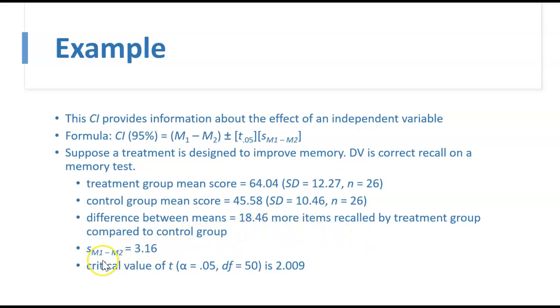You also need, though, to calculate the standard error of the difference, the mean differences, and you can do so by running the formula. The critical value that you're going to use is based on a 0.05 with a DF of 50. And where does the 50 come from? You're going to use your combined N to calculate your degrees of freedom.